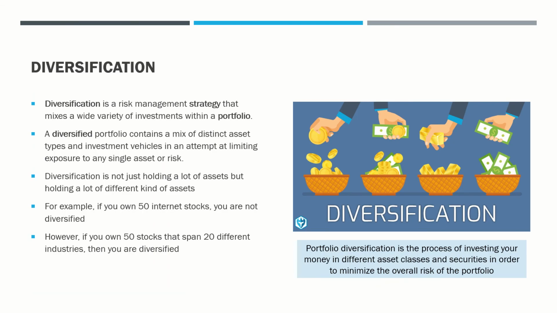Okey, kita masuk kepada objektif yang ketiga, diversification. Portfolio diversification. Diversification is a risk management strategy that mixes a wide variety of investment within a portfolio. Maksudnya apa? Ni contoh kat sini. Jangan letakkan semua telur dalam satu bakul.